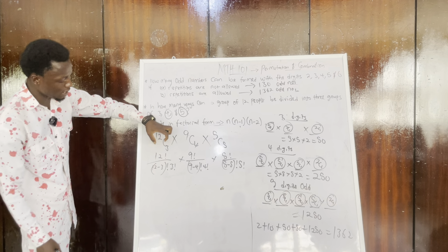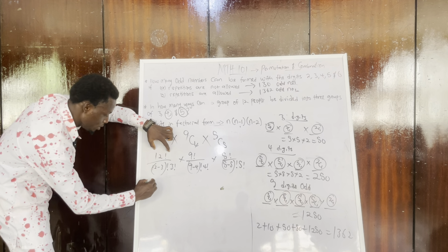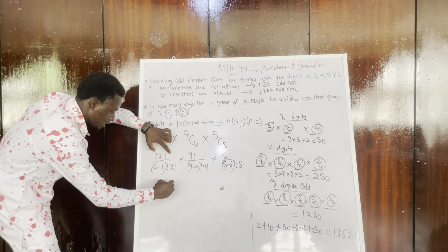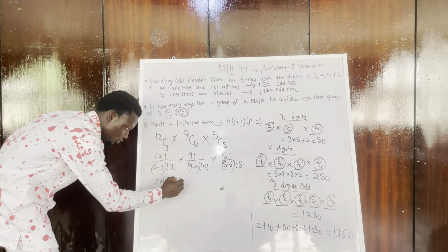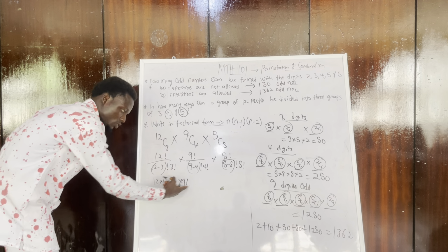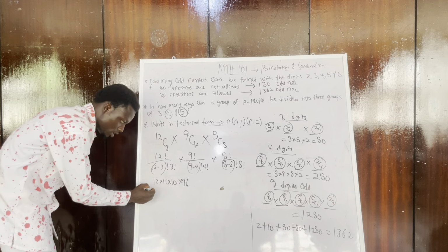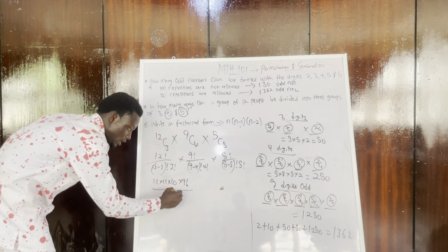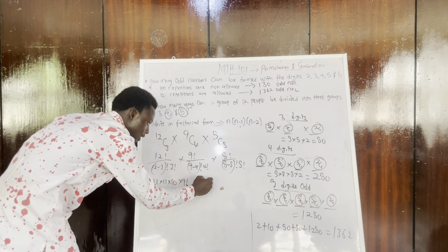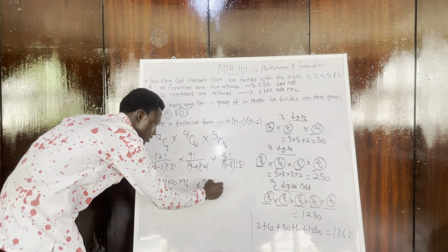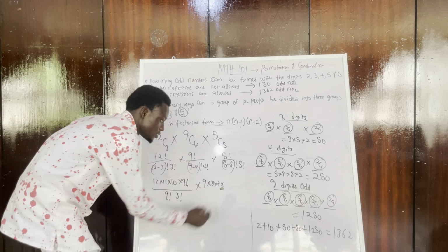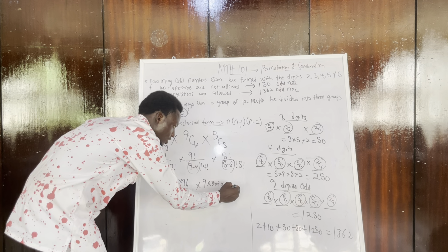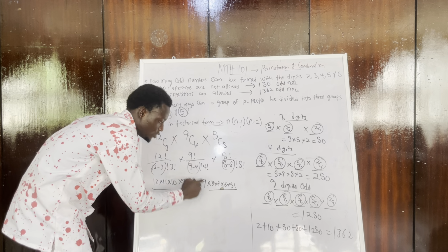We cancel 9 factorial here. At the numerator, we have 12 times 11 times 10 times 9 factorial. I don't need to expand it to 1, I can stop here. Over 12 minus 3 is 9 factorial, multiply by 3 factorial, multiply by 9 times 8 times 7 times 6 times 5 factorial over 9 minus 4.